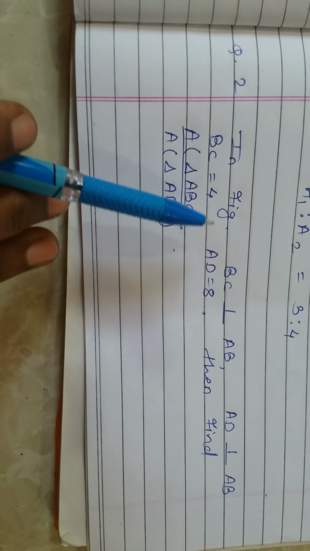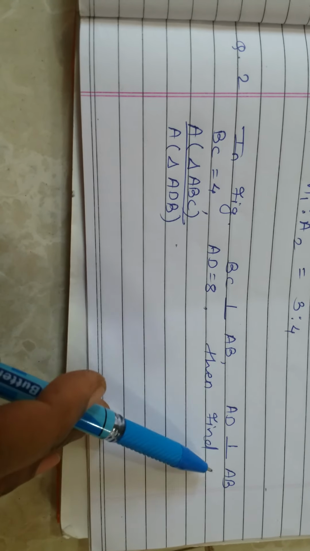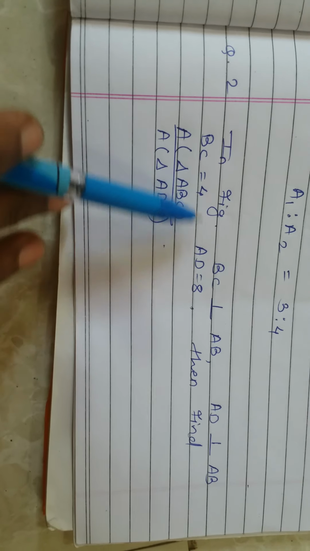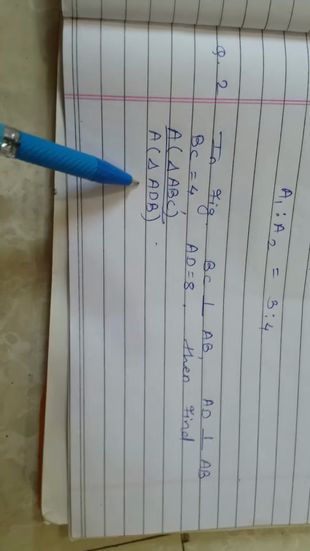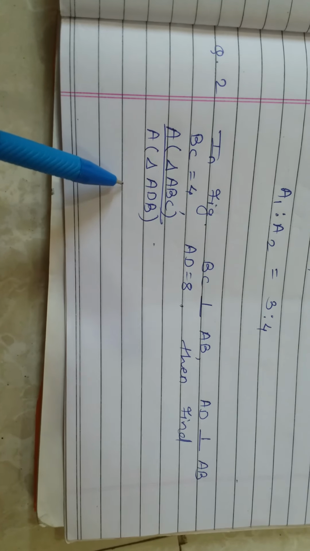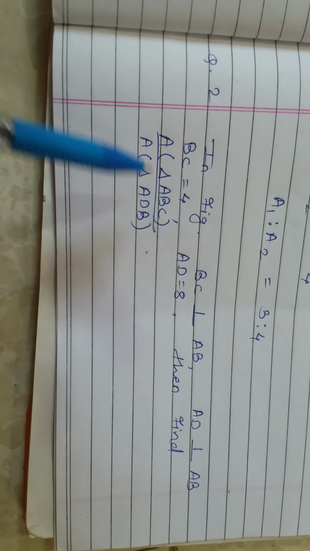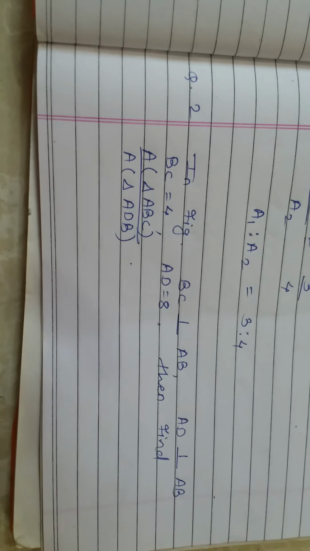Now the second example, in the figure BC is perpendicular on AB, AD is perpendicular on AB, and here the values are given. BC is equal to 4, AD is equal to 8. Here we have to find out the ratio of the areas of triangle ABC and triangle ADB.